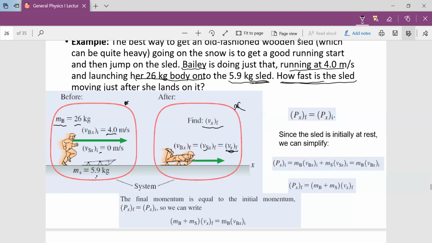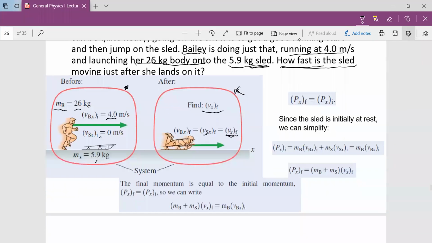So for this system, with the parameters given and the question asked, we can use our understanding of the conservation of momentum law to solve the problem. So we'll start solving the problem. The final momentum is going to be equal to the initial momentum.